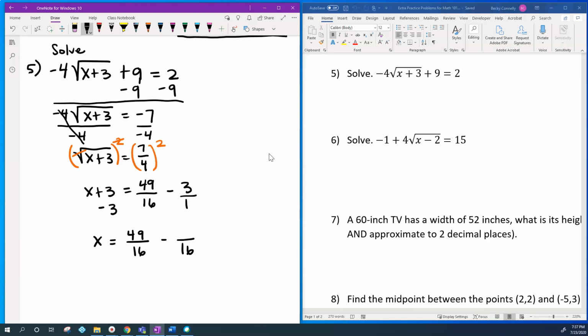And so I'm thinking, okay, well, I need to multiply the bottom by 16, so it will be the same. So that means I need to multiply the top by 16 as well. Right? And that will give me 48. And now I can just subtract those now that I have common denominators. So x equals 1/16 would be my answer there.